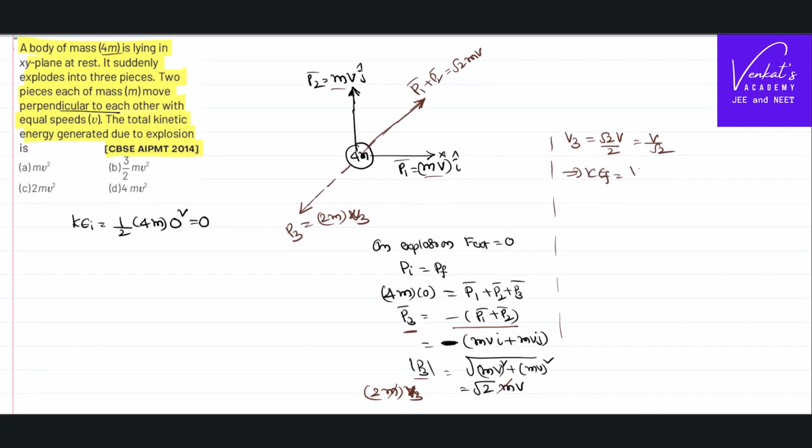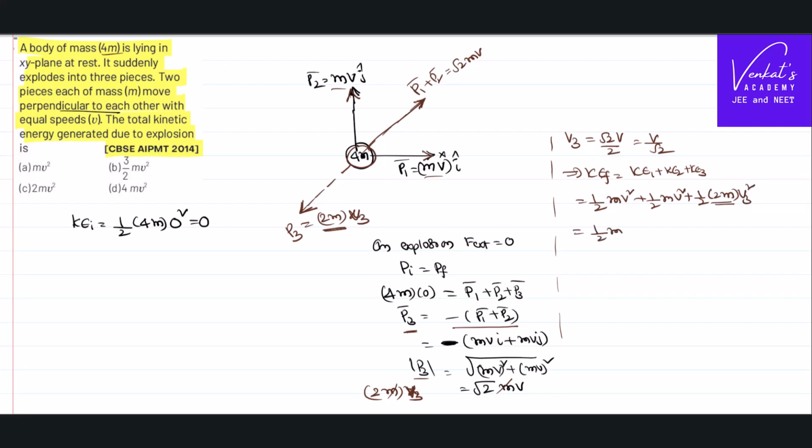So I can calculate the final kinetic energy. Kinetic energy final is the kinetic energy of 1, 2 and 3 finally. Kinetic energy 1 is half mv squared. Kinetic energy 2 is another half mv squared. Kinetic energy 3 is half into 2m. From where is this 2m coming? This 4m is split as m, m and 2m. And this is V3 squared, where V3 is v by root 2.